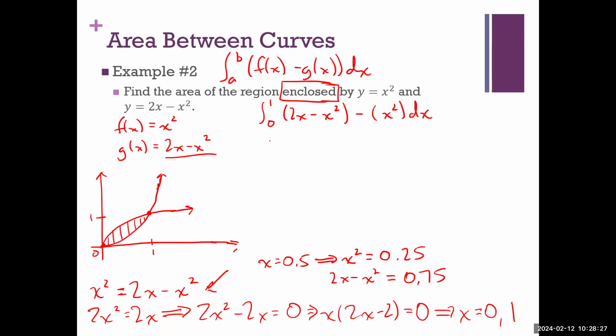Integrate now? All right, so if we integrate, we get what? x squared minus 1/3 x cubed minus 1/3 x cubed. And I want to evaluate that from 0 to 1.